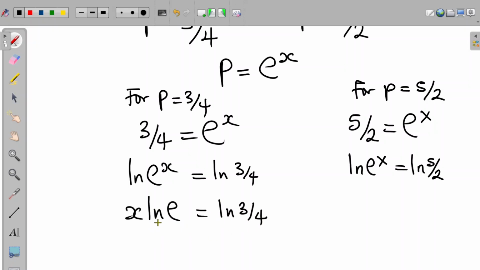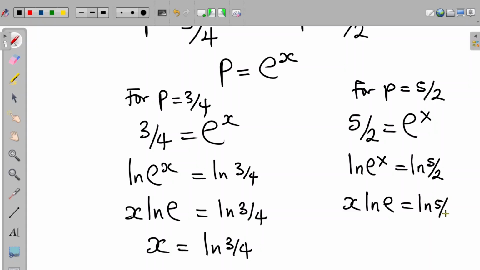And since ln and e are inverse operations, it becomes that x is equal to ln of 3 divided by 4. And also, we have that x multiplied by ln e is equal to ln of 5 divided by 2.